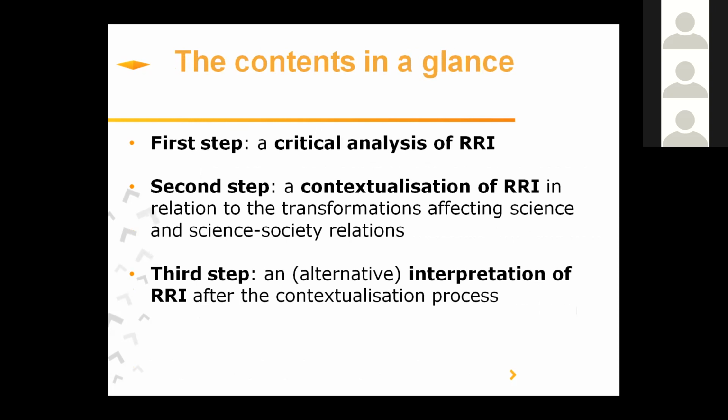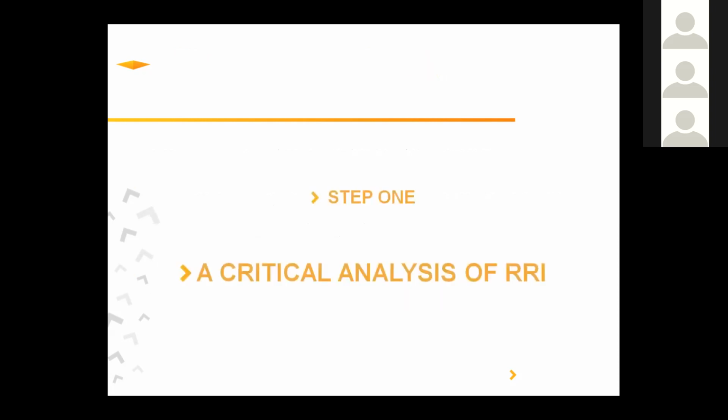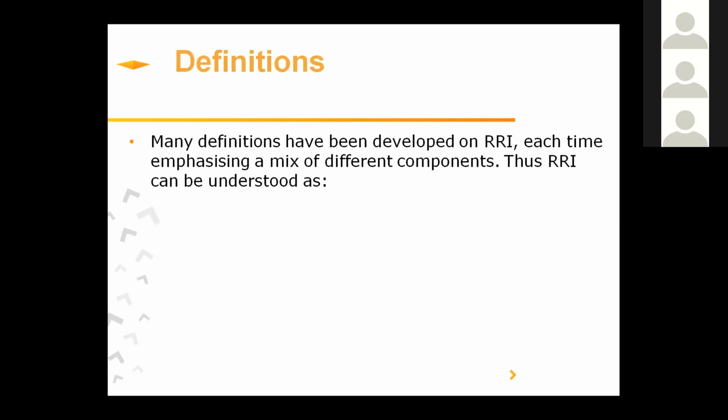And the third step is proposing an alternative or a deeper interpretation of RRI after the contextualization process. So, step one, a critical analysis of RRI. As many of you know, there are many definitions of RRI, each time emphasizing a mix of different components.